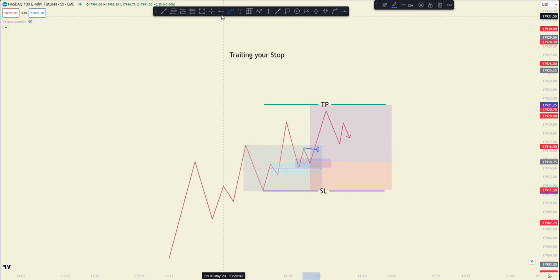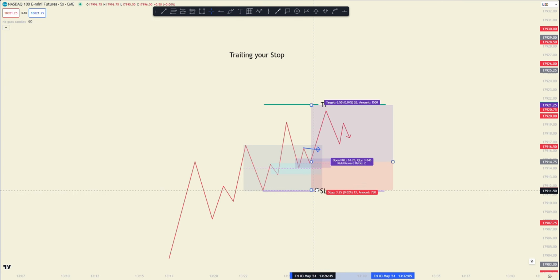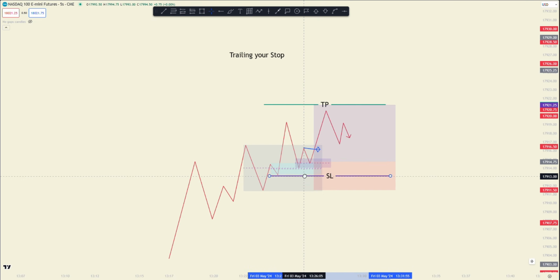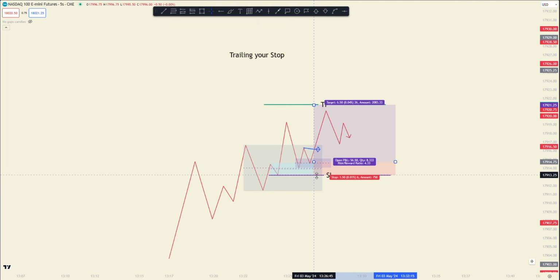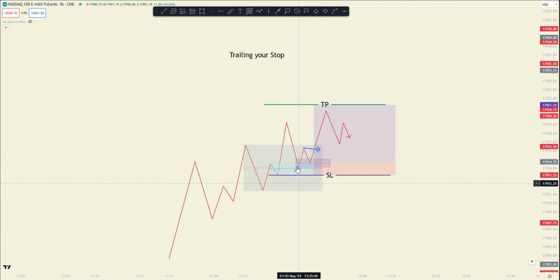So when it closes there, what am I going to do? I'm going to move my stop loss to right below the SNDR. Immediately below the SNDR in this scenario. Which, as you can see, this changes our trade from a 1.8 all the way to a 4.3 just by moving that up.